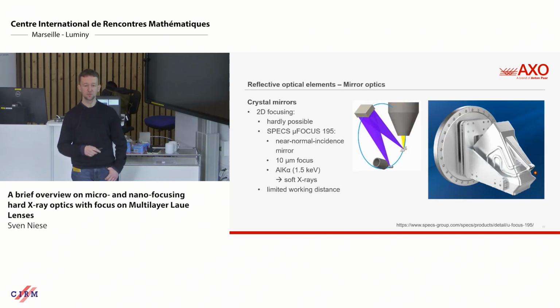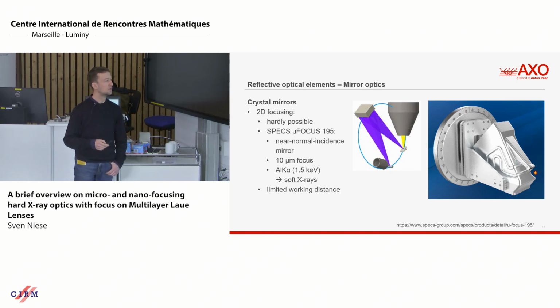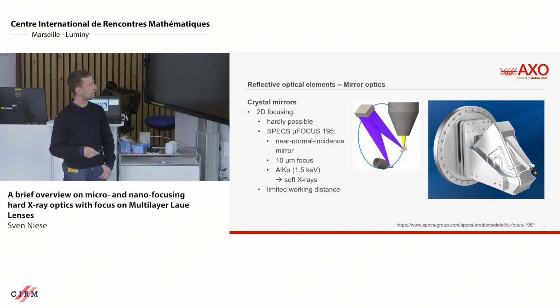It's even possible to do 2D focusing, even down to 10 micron, at least that's what the company specs claim for their system. But as far as I understood, this works best if you go to near normal incidence reflection, and if you calculate this for the typical crystals that are available, it means that you can only work with soft X-rays.